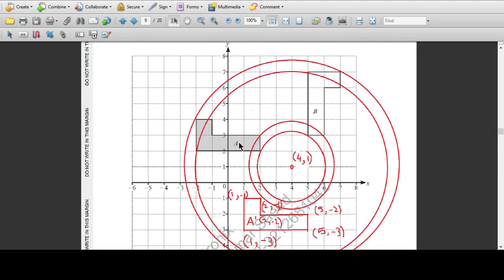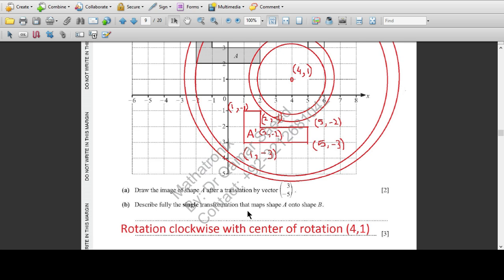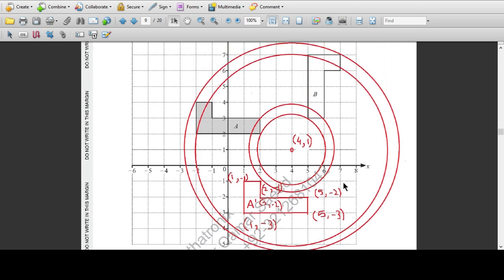So we have been given this A and this B. Here we are asked to describe fully the single transformation that maps shape A onto shape B. So what we need to do with this shape A to get this shape B. For this purpose, after a number of inspections, we have obtained this point, 4, 1, as the center.